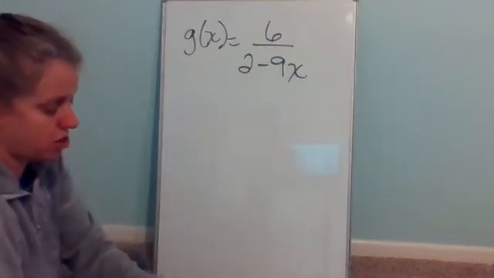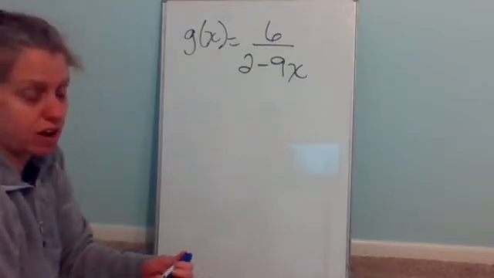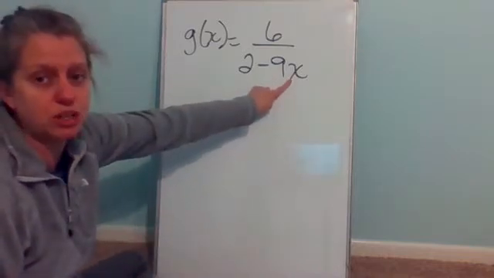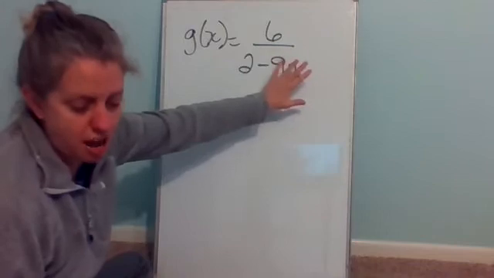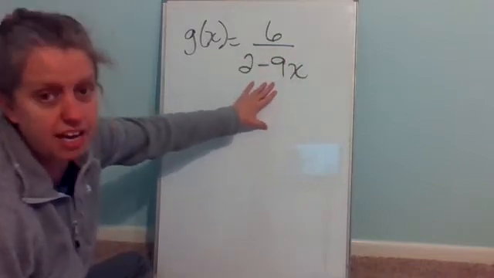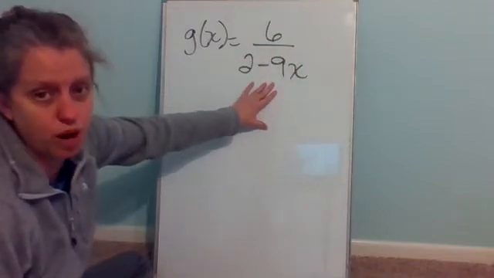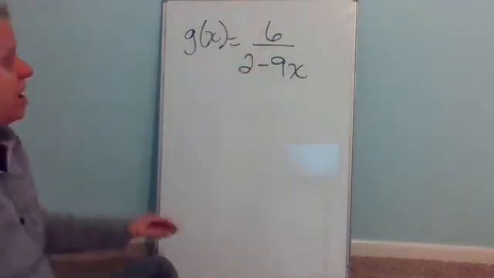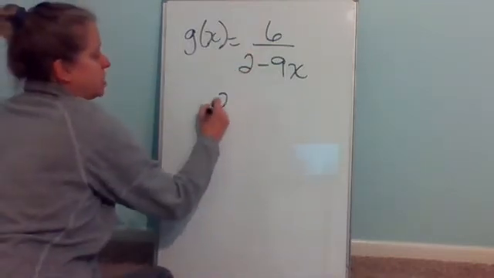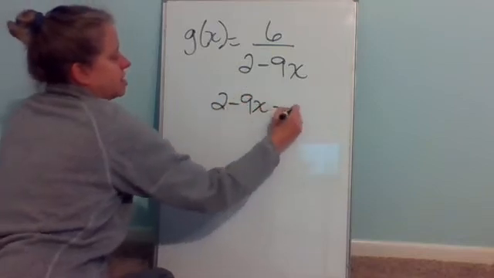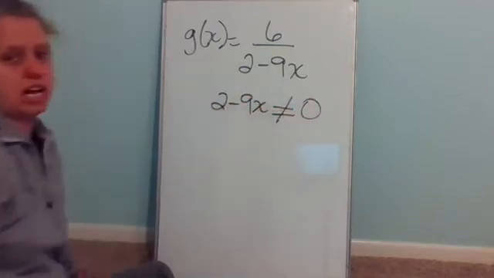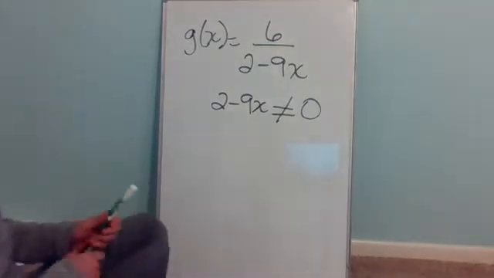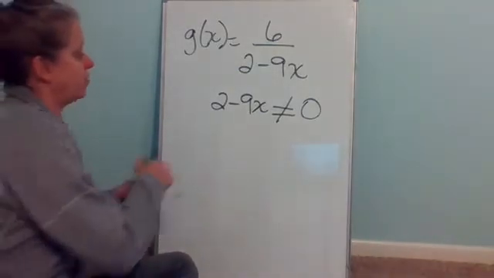Now remember, when you have an x in the denominator of a fraction, that's going to give you a restriction on the domain because the denominator of your fraction cannot be 0, right? You can't have 6 divided by 0 because that is undefined, which means whatever your denominator is, that cannot equal 0. So set it up as not equal to 0, and then just solve it like a regular equation for x.